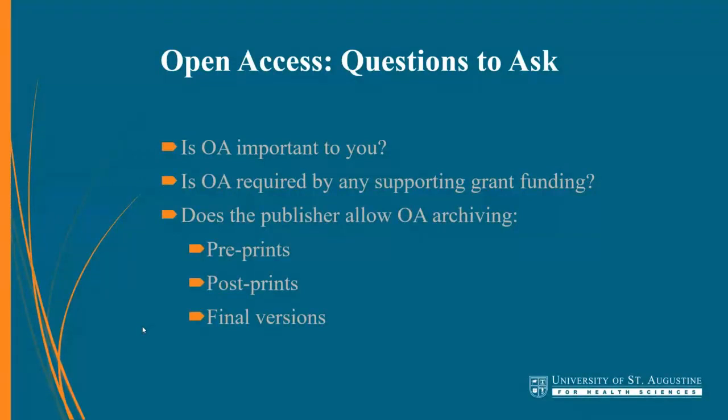Or many now will even allow you to publish the final publisher version, which would be that PDF exactly as it appears in the printed journal. So there may be different levels of that, and how you want to make that available if you want to be part of the movement that's pressing for open access is one of the questions.